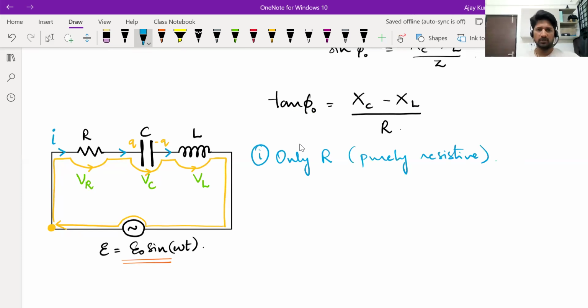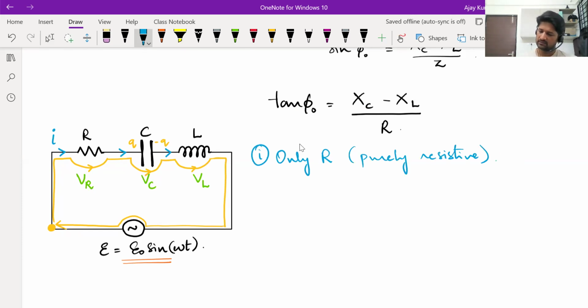No capacitor, no inductor. If there are no capacitor and inductor, we take XC to be 0. You don't take C to be 0. Remember this point carefully. If there's no capacitance, don't substitute C as 0. You should substitute XC as 0. And if there's no inductor, XL will be 0.